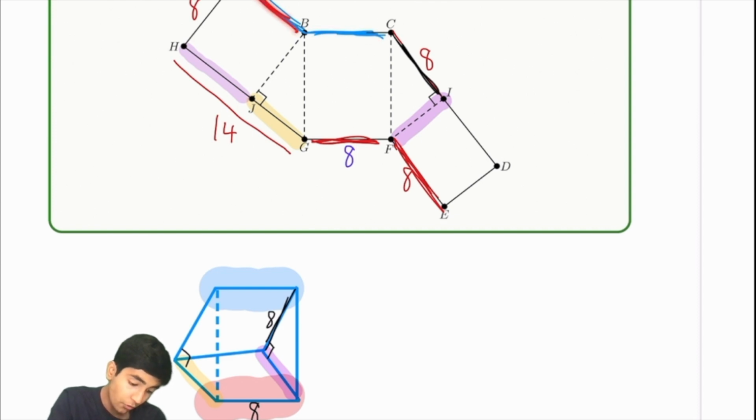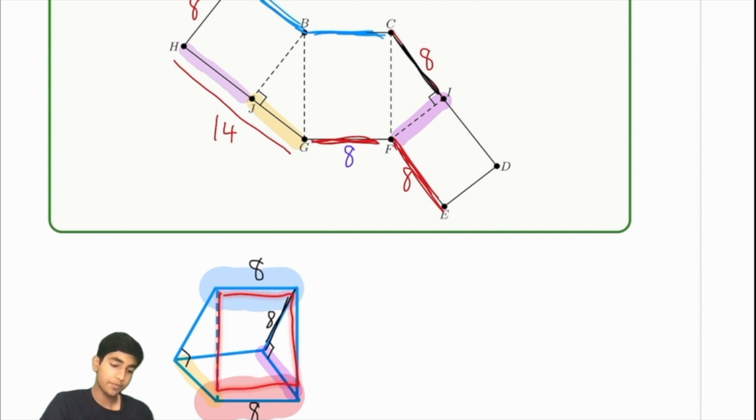So AB will fold down over here. We already discussed that. Oh, but this is going to have the same length as 8 because these lengths are going to be equal. They have to be equal, after all, because this is a rectangle.